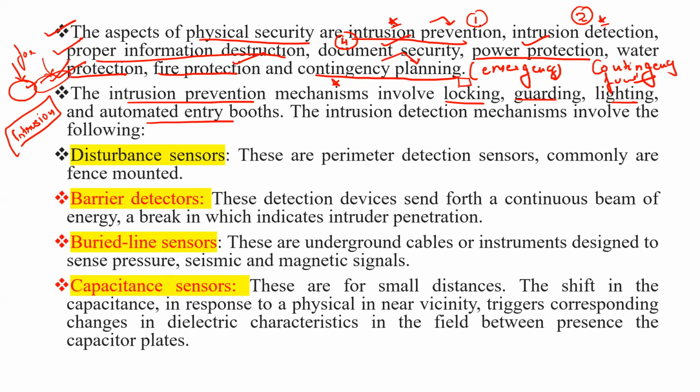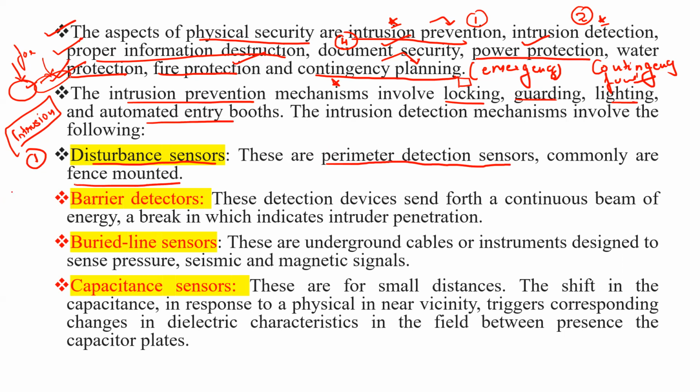The intrusion detection mechanism involves the following. First are the disturbance sensors. These are perimeter detection sensors, commonly fence mounted.